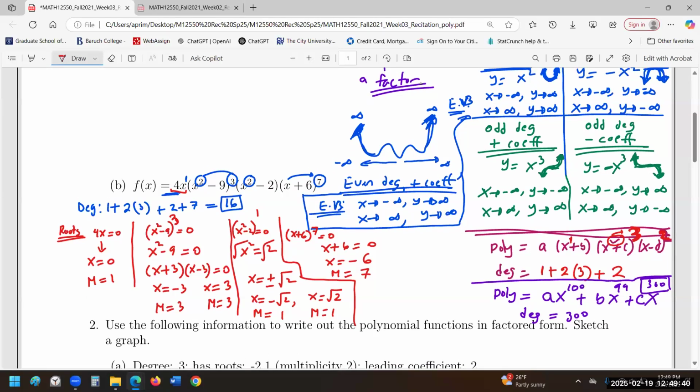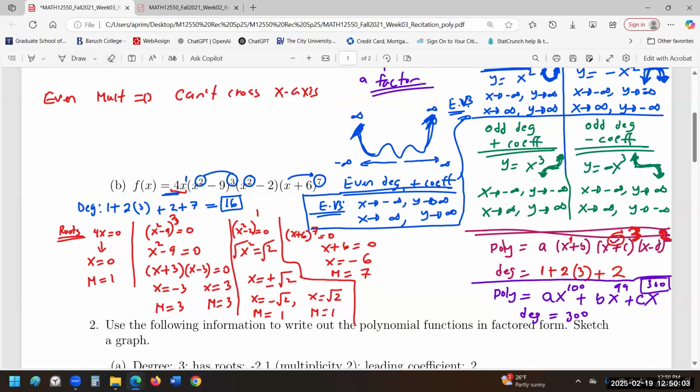One thing I should mention here is that anytime you have even multiplicity, it means you cannot cross the x-axis. You can only touch and then you have to go back. For example, you can have something like this or something like that.